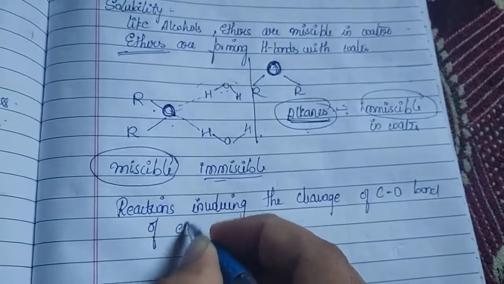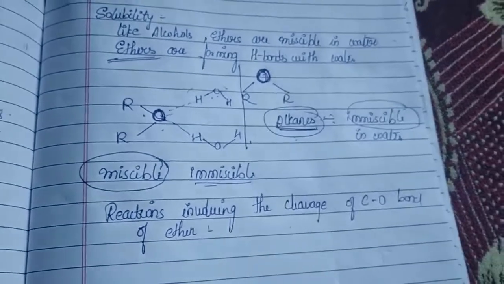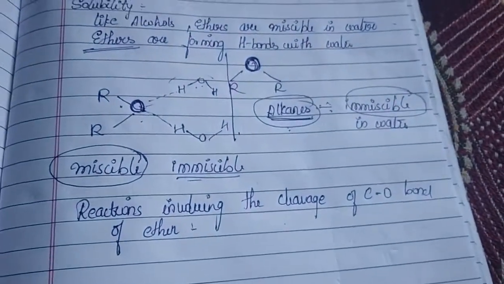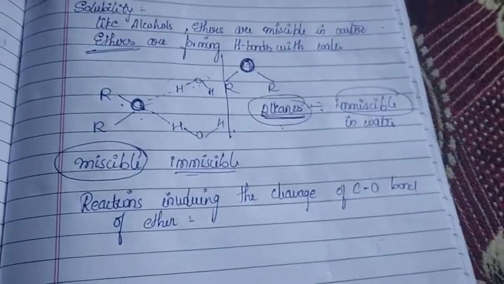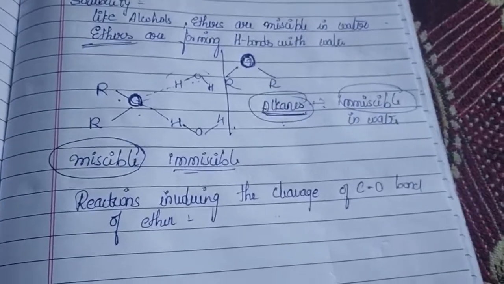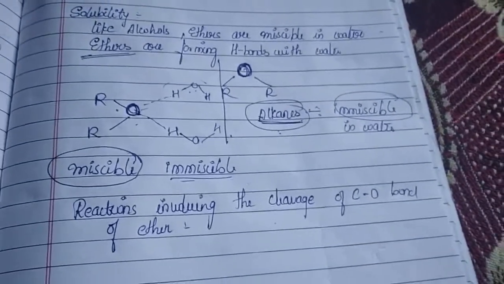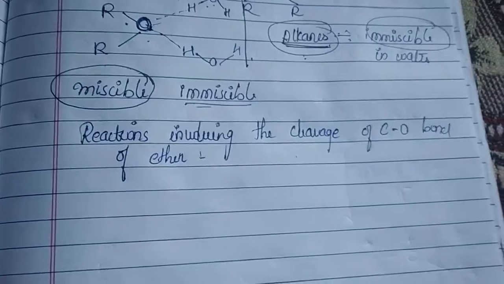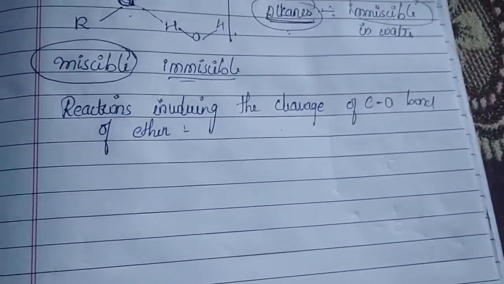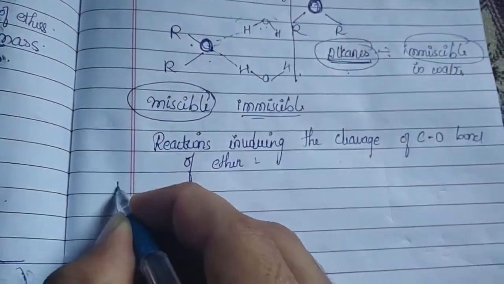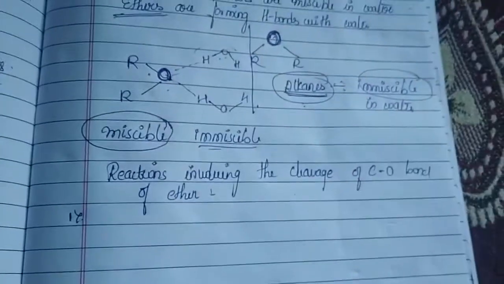CO bond of ether. So this is coming under the topic of your chemical properties, where we are going to study the reactions where we will be seeing the breaking of CO bond in ether to form the final product. Is that clear? So guys, now let us look at the reactions involving the cleavage of CO bond of ether. So first important point one has to know under this reaction, what is that?